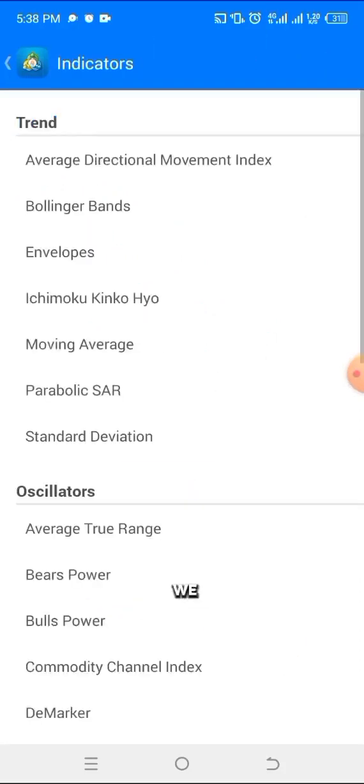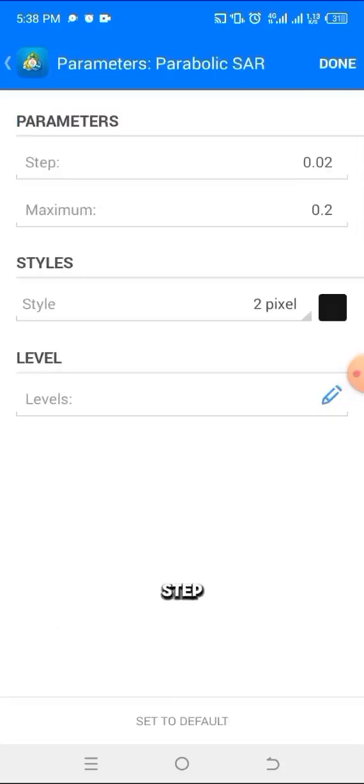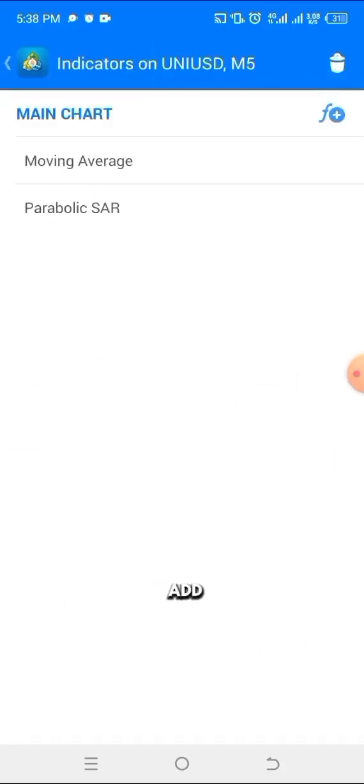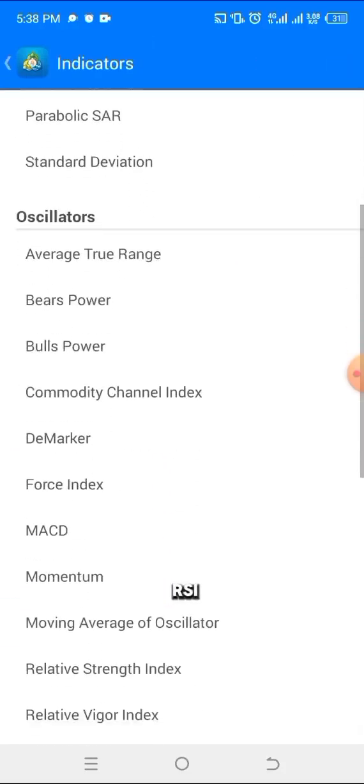The next we are going to add is a parabolic SAR. So it's called the parabolic SAR. Step 0.02, maximum 0.2, style 2 pixel, right, the color black. And then the final indicator we're going to add is an RSI.